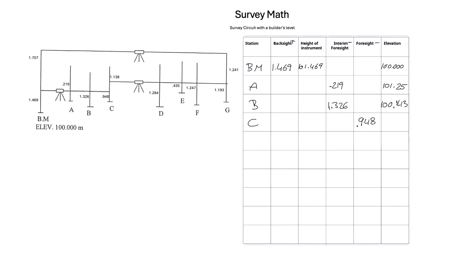Again, taking our height of instrument minus our foresight will give us the elevation. So 101.469 minus 0.948. 100.521. Wonderful.